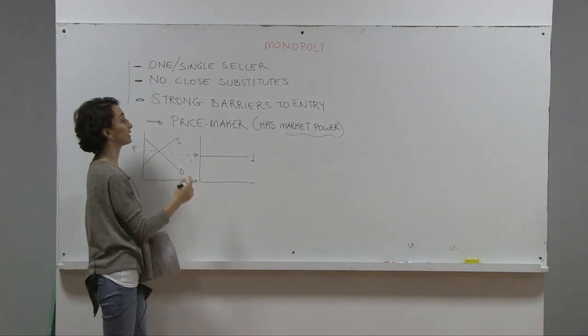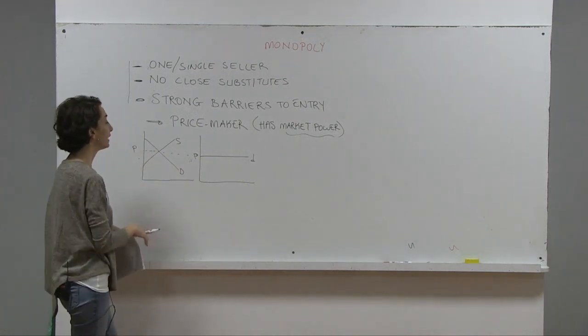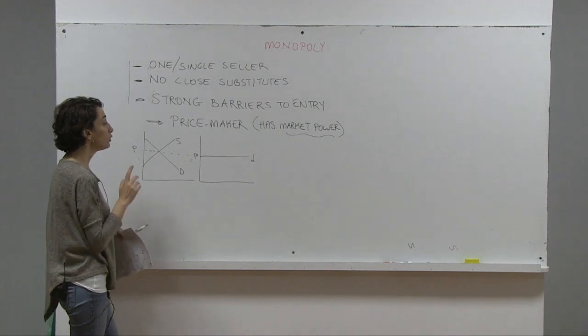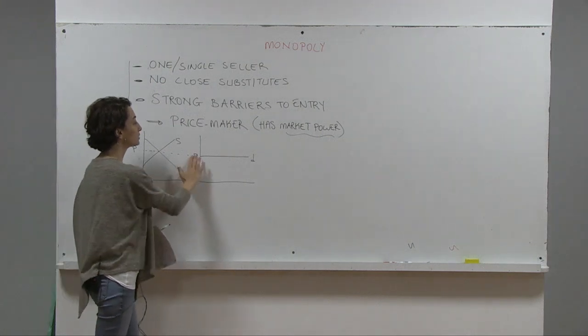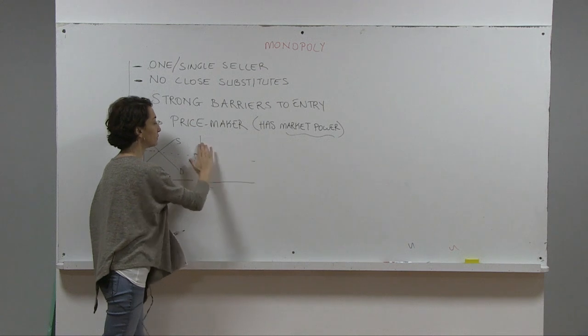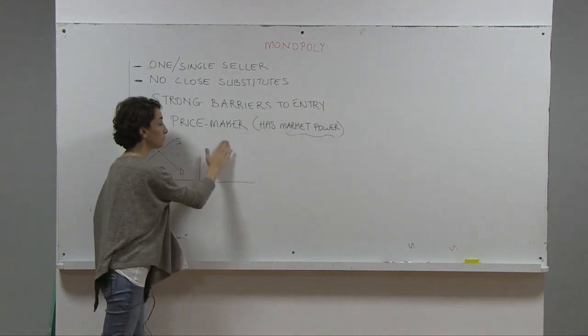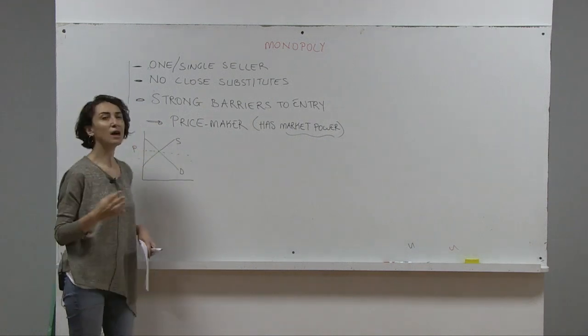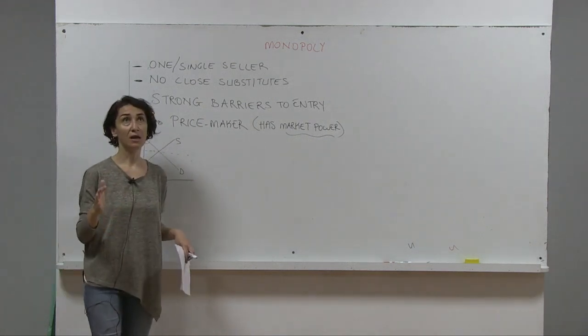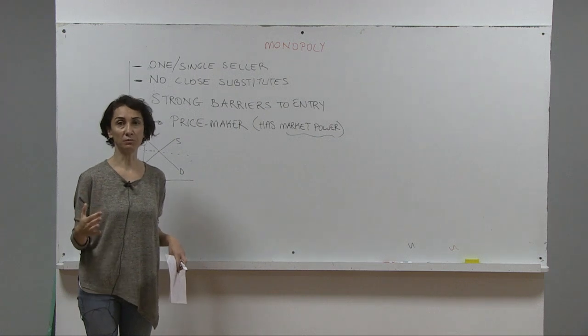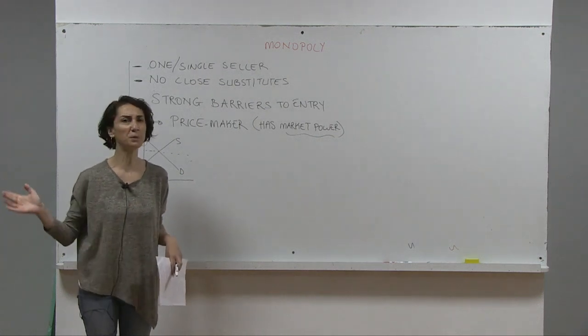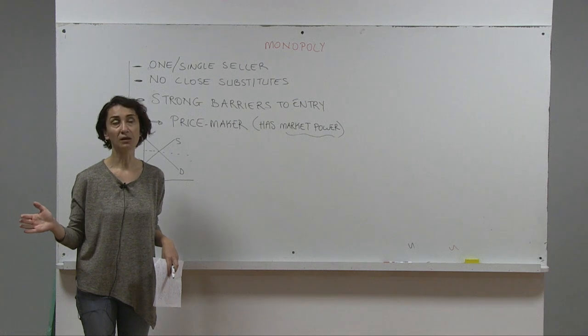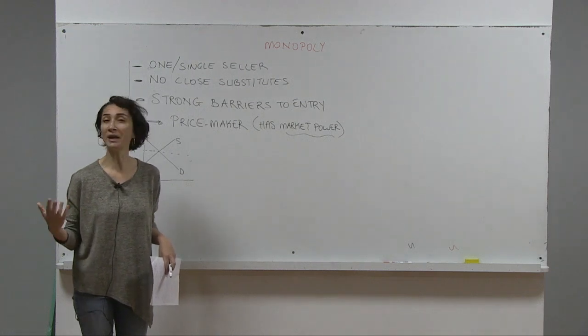Now here is the thing. Let's go to the monopoly. In a monopoly, there is no perfectly elastic demand because this firm is the only one producing this product, right? Now does this mean a monopoly firm can choose whatever price it wants? Yes, but it won't make sense.